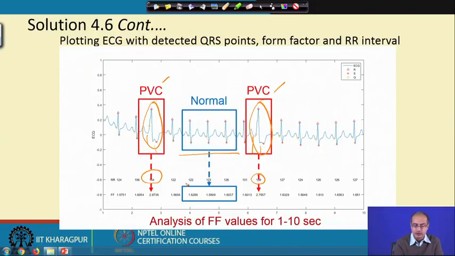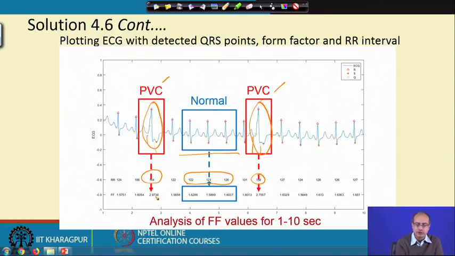Compared to that, when we look at the RR interval of the normal cycles, it is between 120 to 126. So, there is some variation in the normal beats also, but the RR intervals are still much smaller for the normal beat.